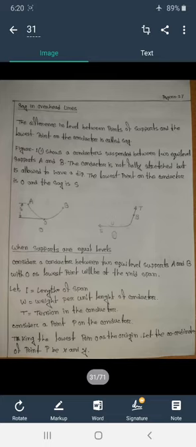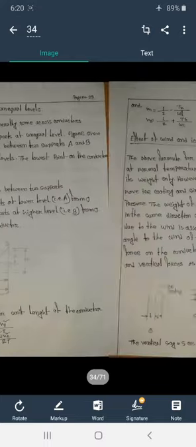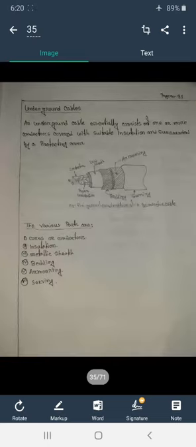When supports are at equal levels. Effect of wind and ice loading. Underground cables. Underground cable is shown in the figure.